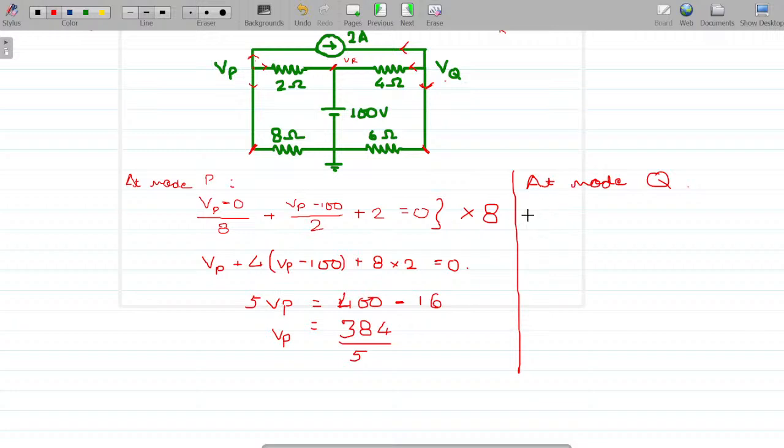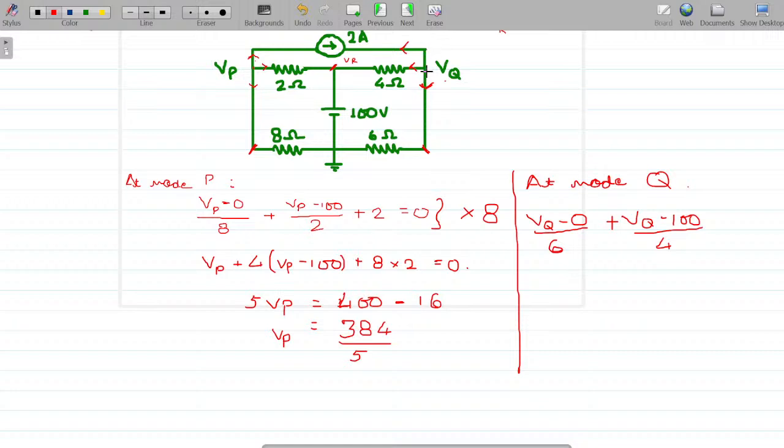Can I write it to be VQ minus 0 divided by 6? That would be the current for the 6 ohm resistor, right? Plus VQ minus VR, which is again given to be 100 volts, divided by 4, right?